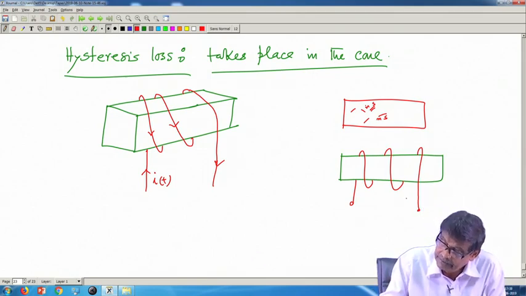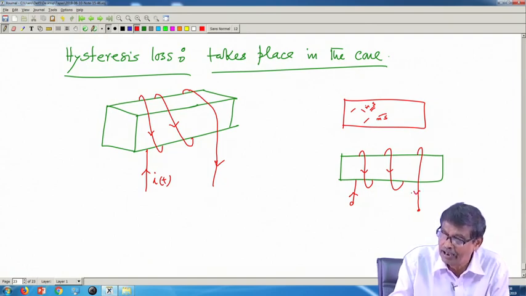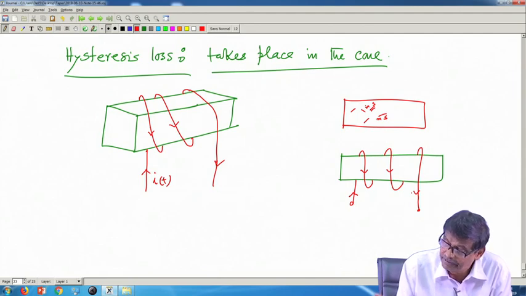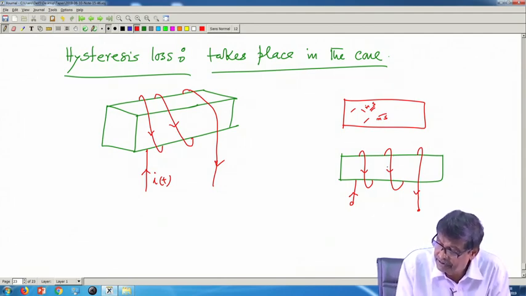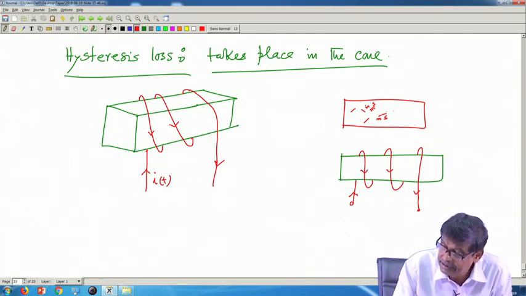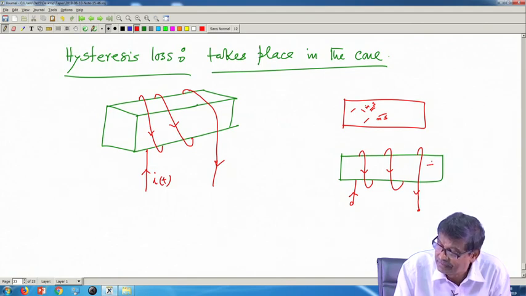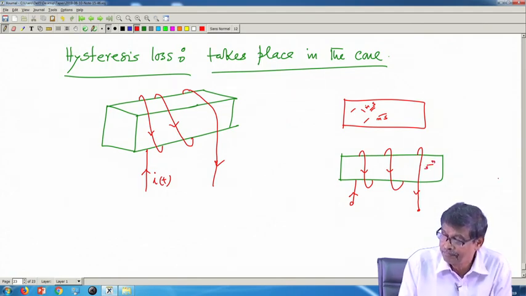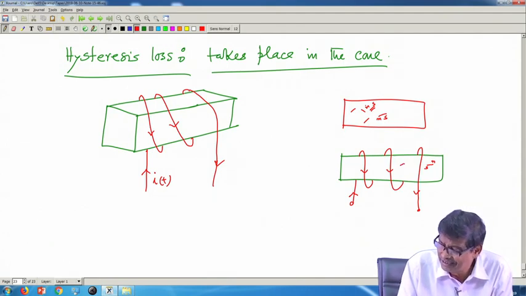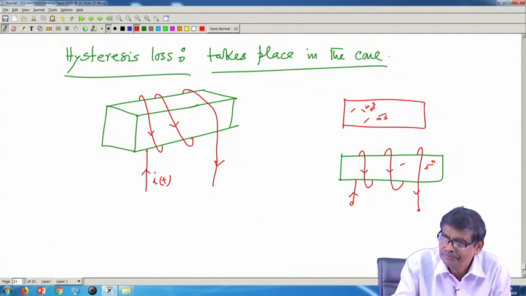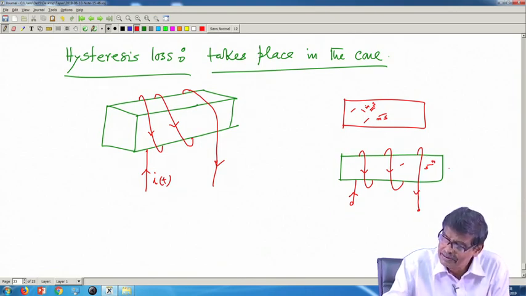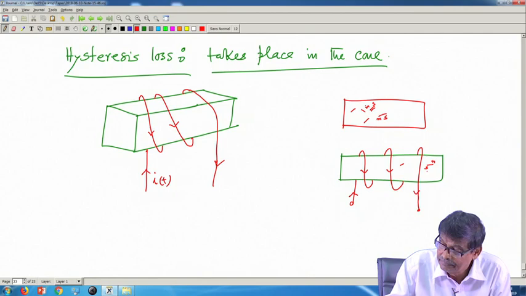But if you pass some DC current to this iron bar, that is how I make permanent magnets, you know. You have applied H along this, and each tiny magnet will try to align itself along north south. If you pass a little current, they will slightly move, and pass more current, they will be further aligned.